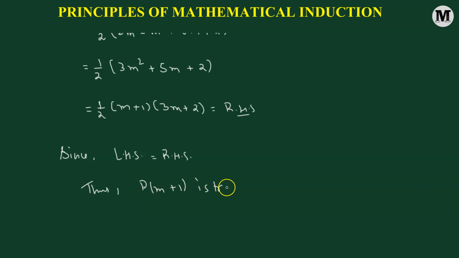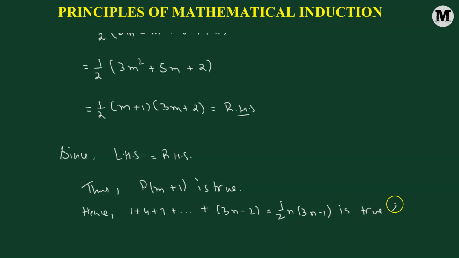And if P(m plus 1) is true, then finally we can say that hence the statement 1 plus 4 plus 7 going all the way up to 3n minus 2 equals half times n times 3n minus 1 is true for all n belonging to the set of natural numbers.